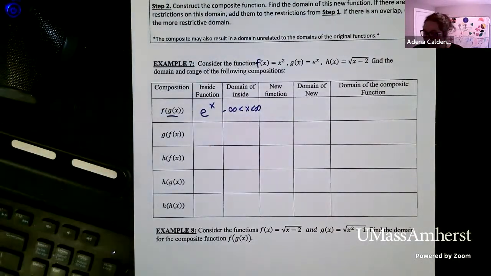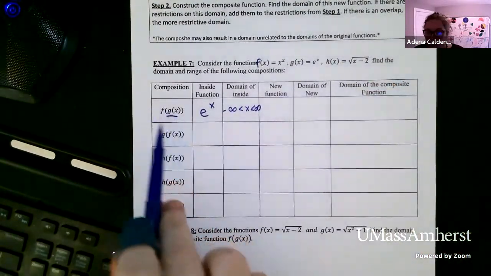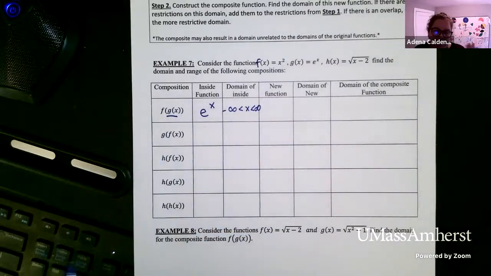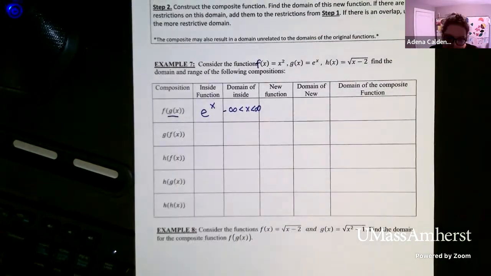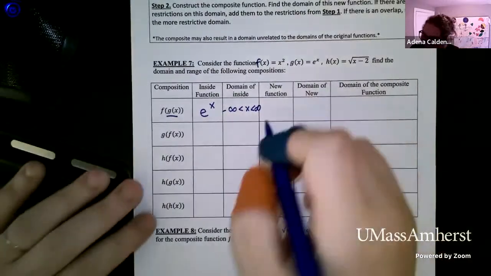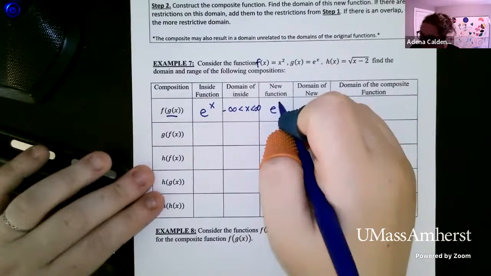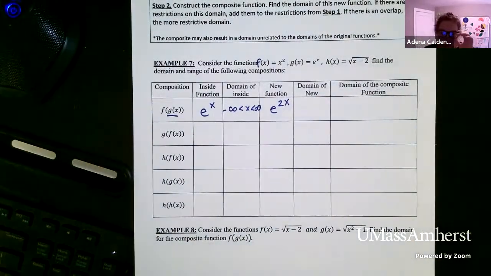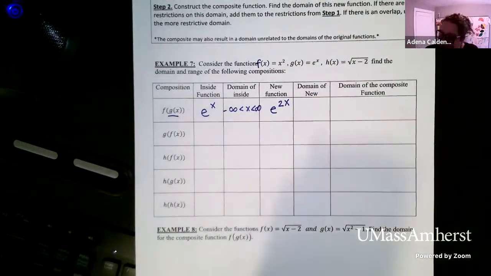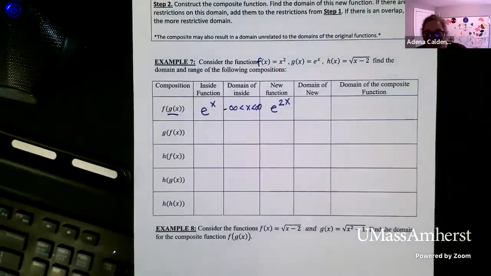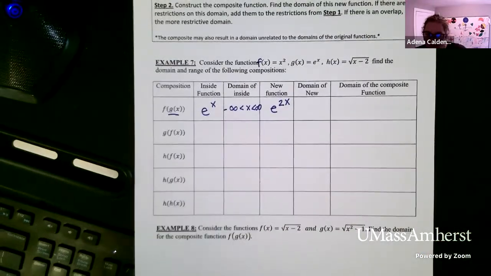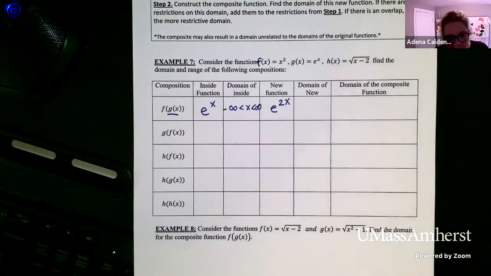The new function is the function we get by doing the composition. So we already did these in the first example, so you can reference back if you don't remember. But when we plug e to the x into x squared, that's when we got e to the 2x, okay? So now we consider what's the domain of this new function, right? Well, the domain of e to the 2x is the same as the domain of e to the x.